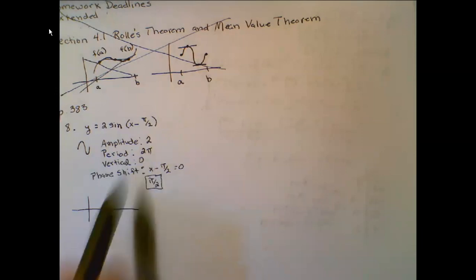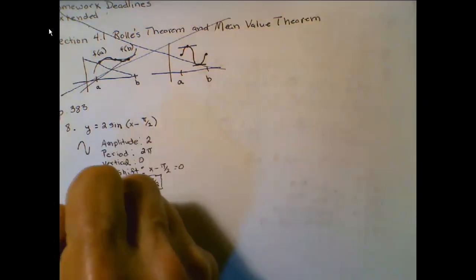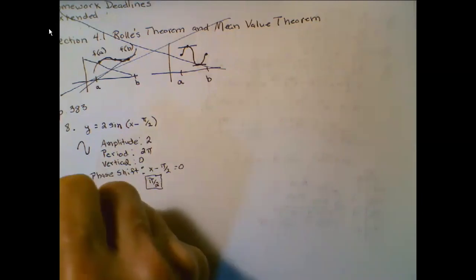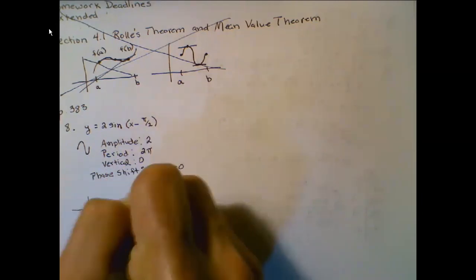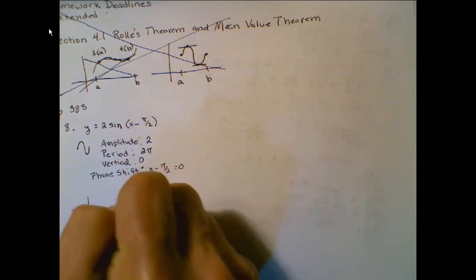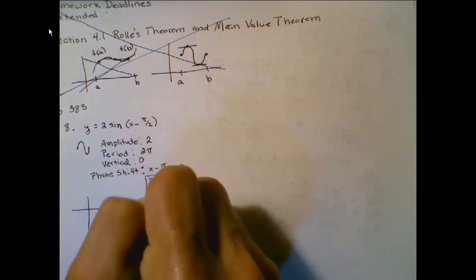Our period is still 2 pi. So maybe I'll count by half pi's. Half pi, whole pi, 3/2 pi, 2 pi.